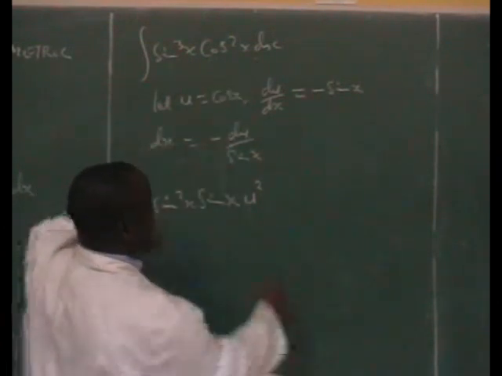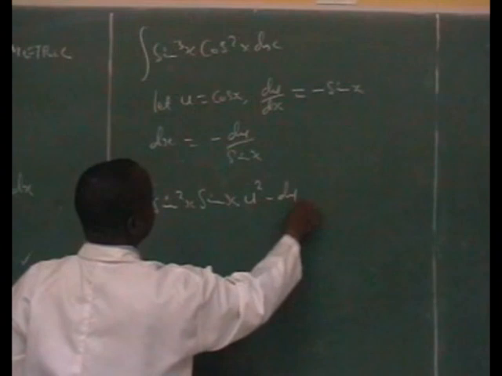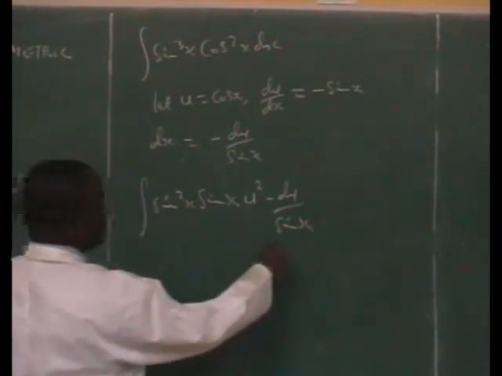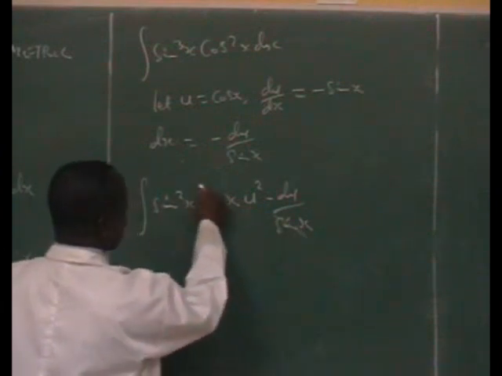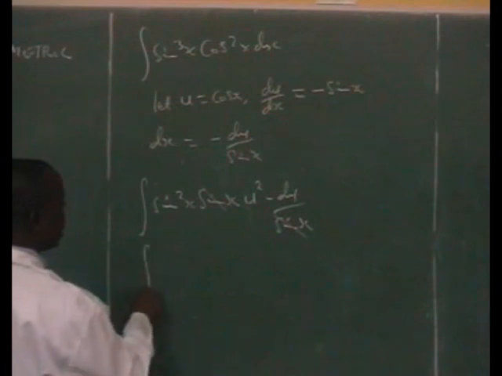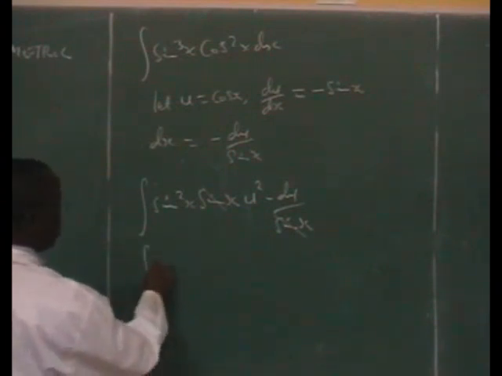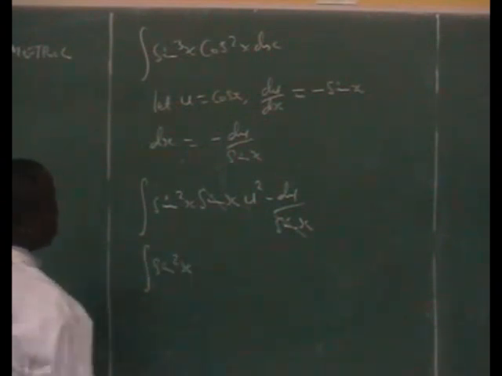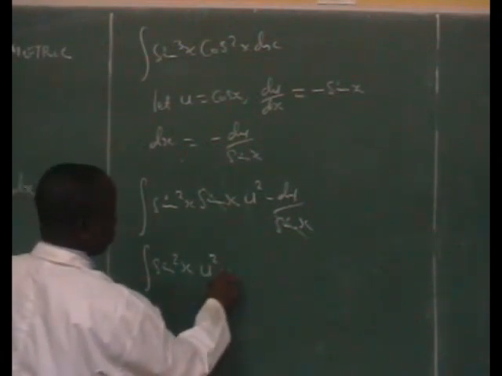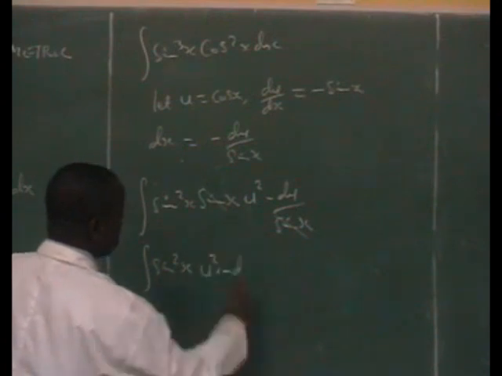Then dx is given as minus du all over sin x, which means this sin x can cancel this sin x. And now what we have here is integral of sin square x u squared minus du.